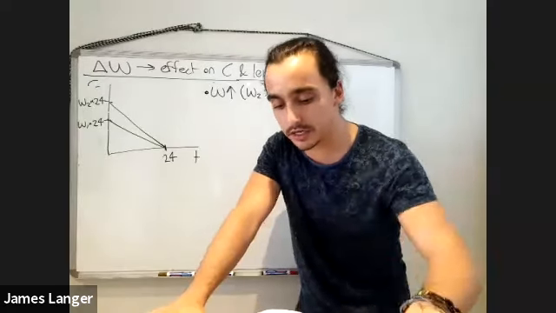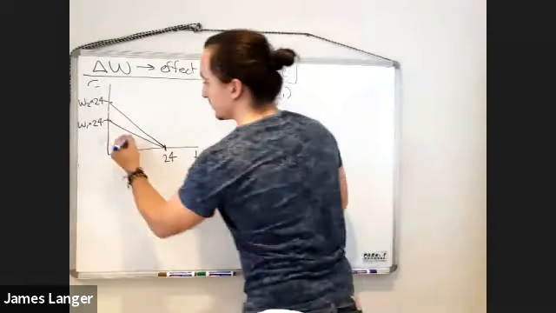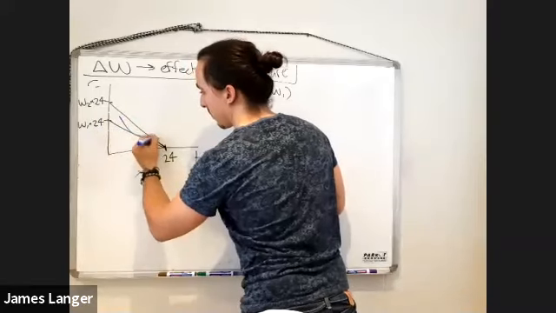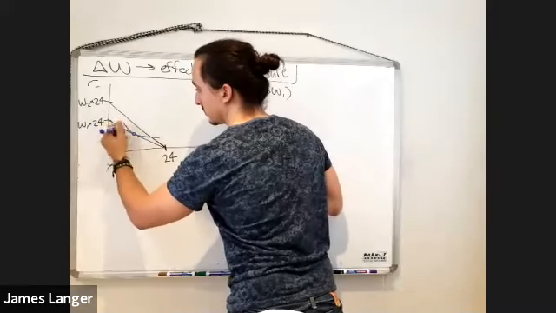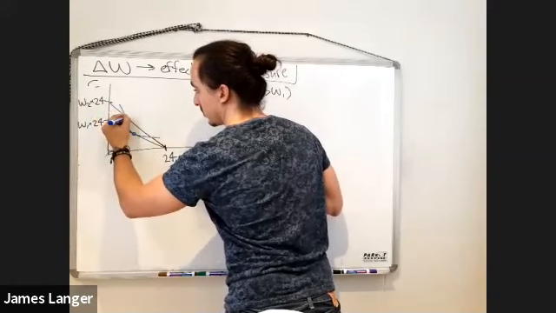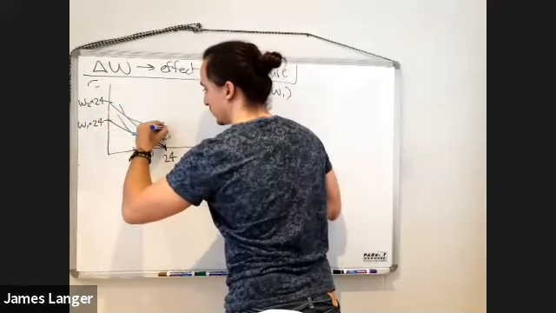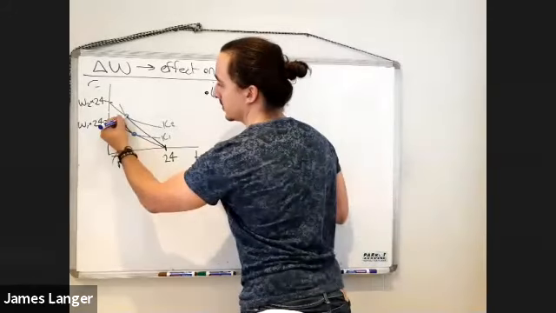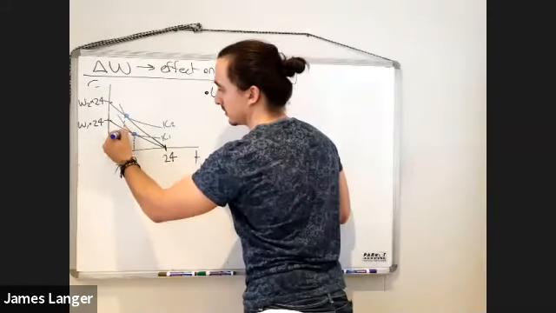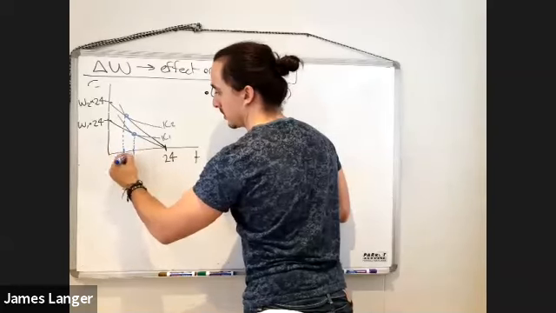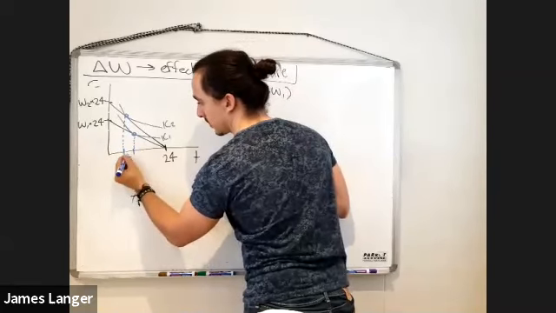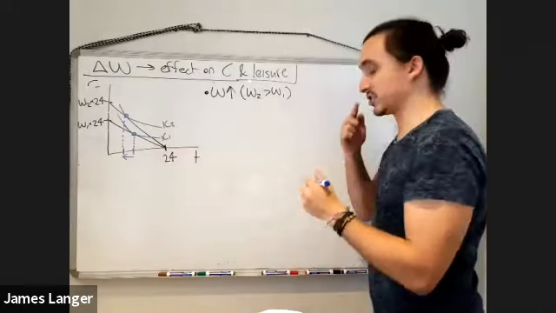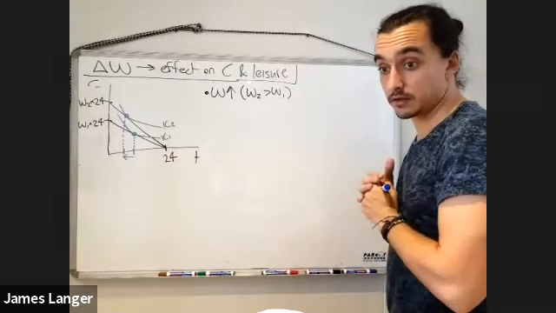So I'm going to do an example where we go from this point to this point. When I go from the first optimal point to the second optimal point, I see a decrease in leisure.